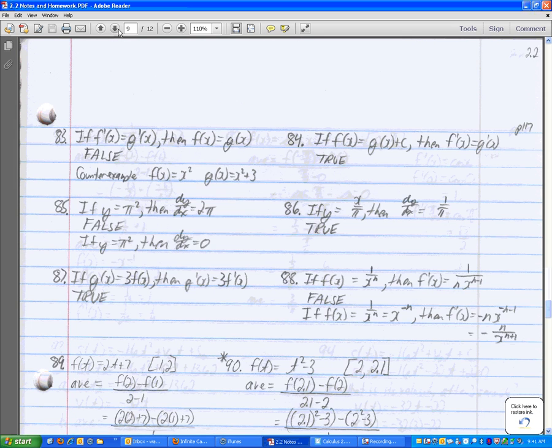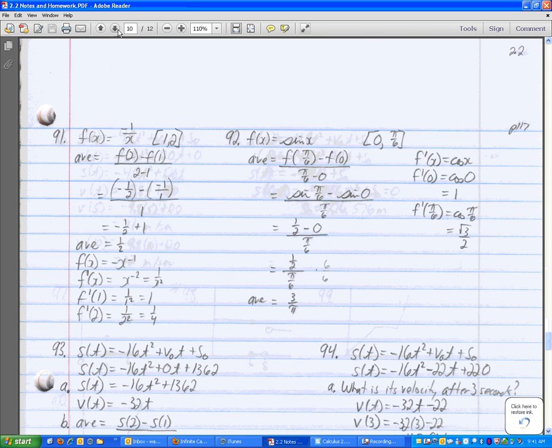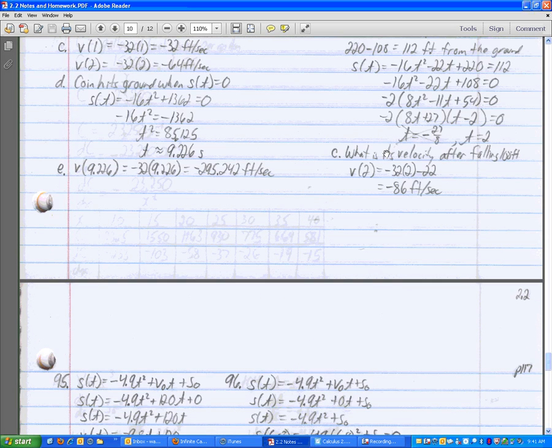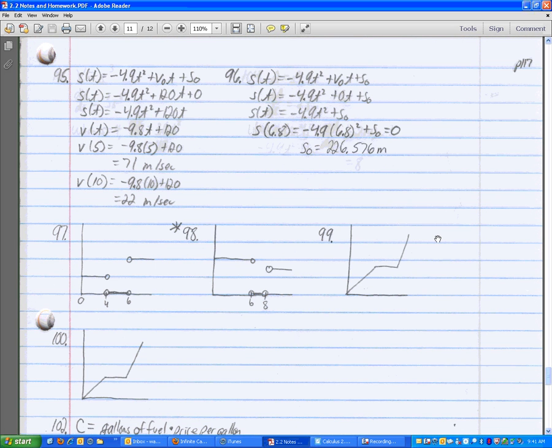96. All right, what are we doing on 96? It says in exercises 95 and 96, use the position function s of t equals negative 4.9 t squared plus v sub 0 t, that means initial velocity, times t, plus s sub 0, that means initial position, for free-falling objects.